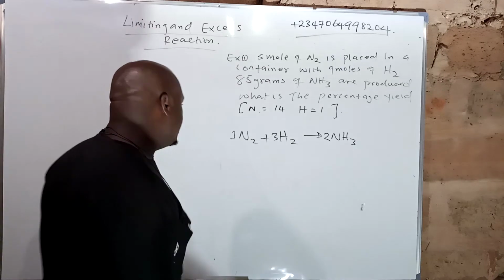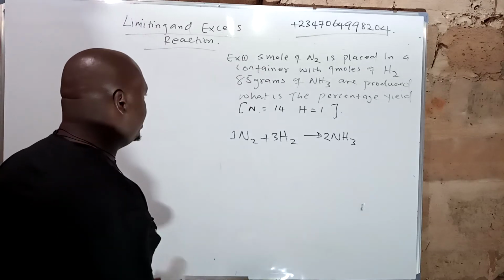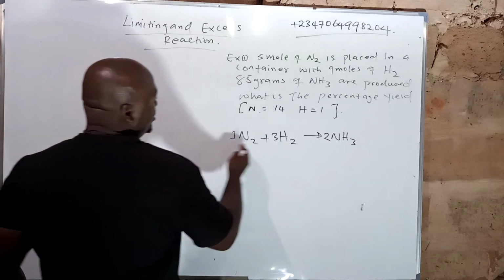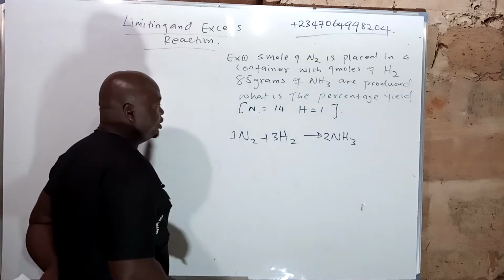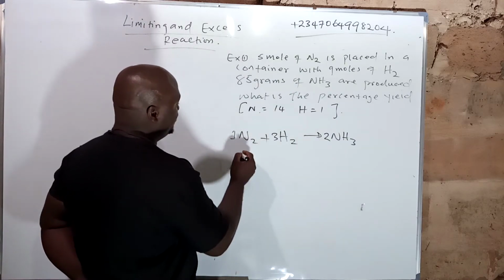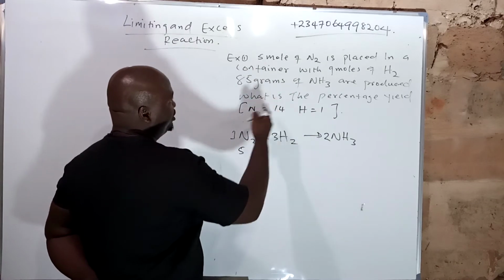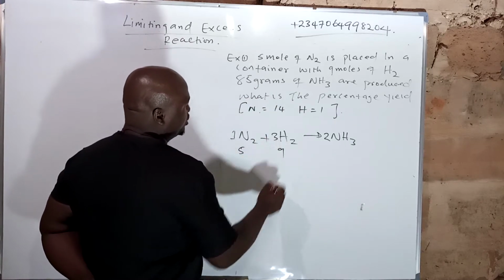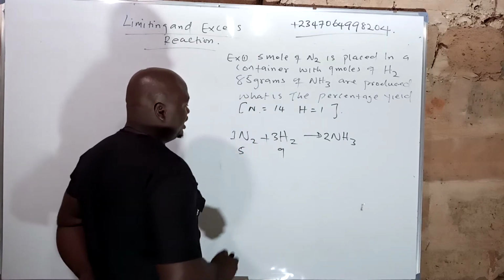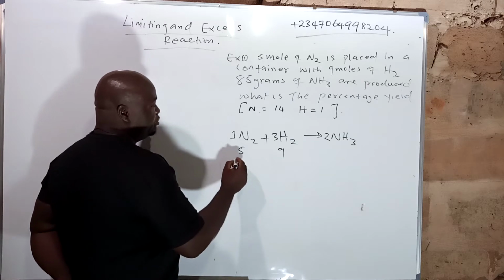Now, using the mole to coefficient ratio, this is the already balanced equation at the board, and so we already have 5 moles of nitrogen, and then you have 9 moles of hydrogen. Now the next thing you do is you divide by the coefficient.